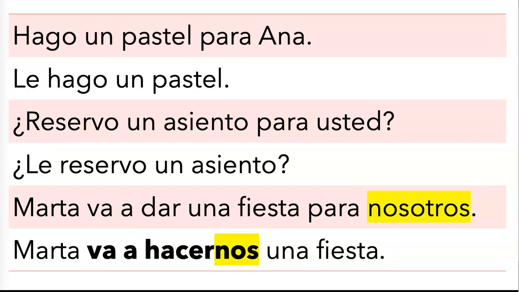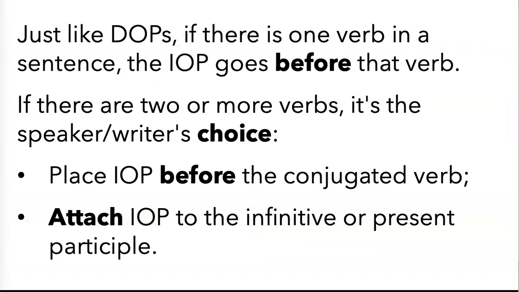So we could, it's our choice, we could place nos at the end of hacer. So Marta va a hacernos una fiesta. To repeat, just like the direct object pronouns, if there's one verb in a sentence, the indirect object pronoun goes before that verb. You have no other option.